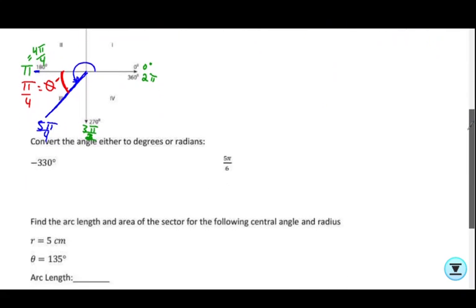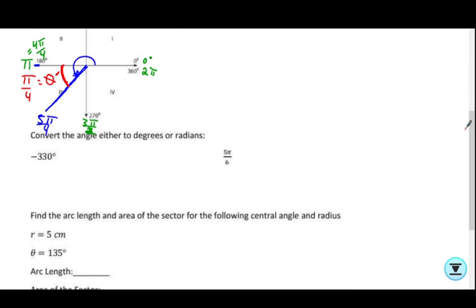Okay. So next we're going to practice converting angles from either degrees to radians or radians to degrees. So convert the angle either to degrees or radians. So the first part, I'm in degrees. So I need to change it to radians. So to change it to radians, I multiply by pi over 180 degrees. Degrees divides out with degrees.